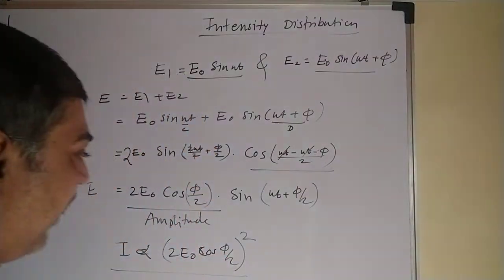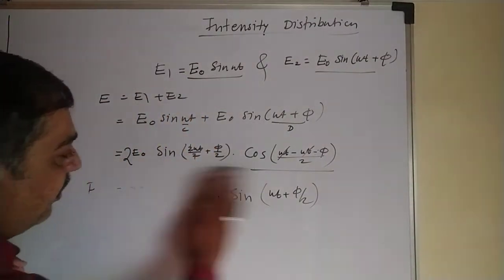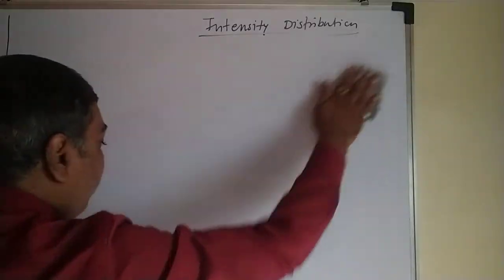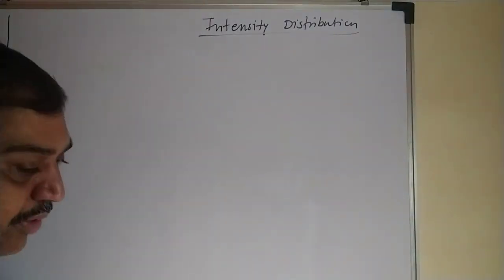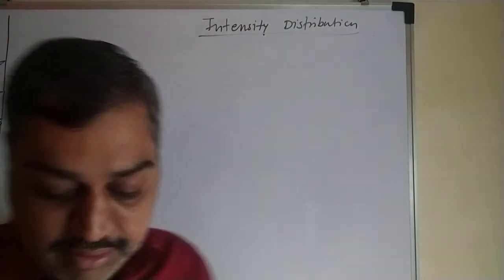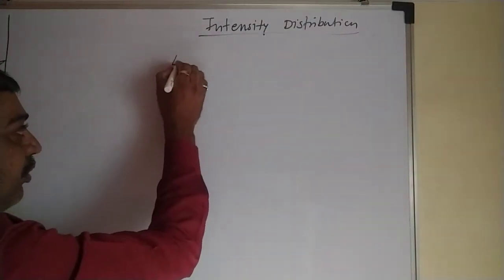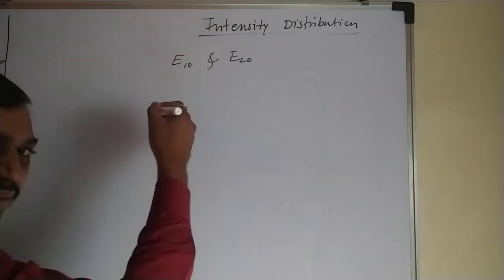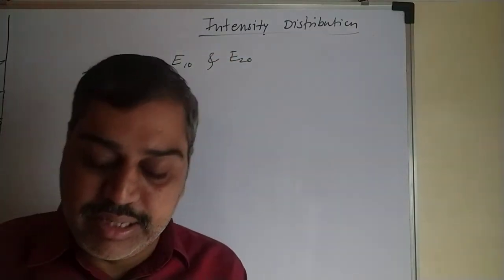Apart from this, the next parameter they have mentioned in their book is this: if the two waves interfering with each other have different intensities or amplitudes, say suppose the first is E10 and the second is E20. In general E1, E2, just like E10, E20 they have taken.